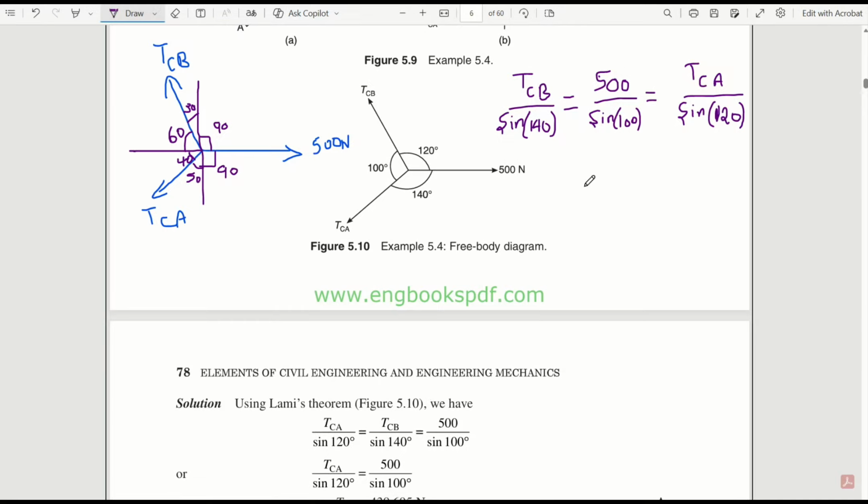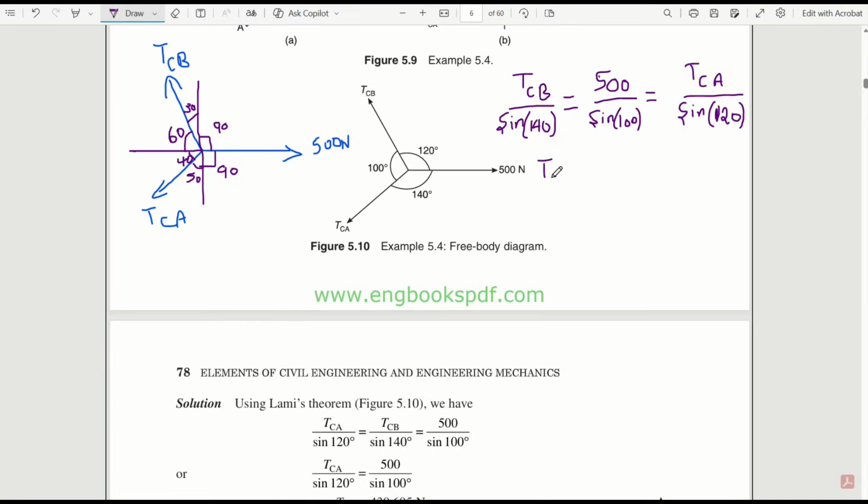Now you have to equate these two. TCB by sine 140 is equal to 500 by sine 100. Send this to the right side.